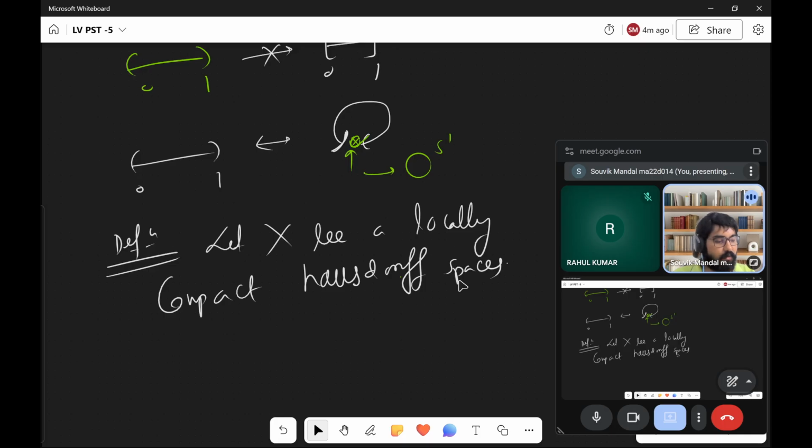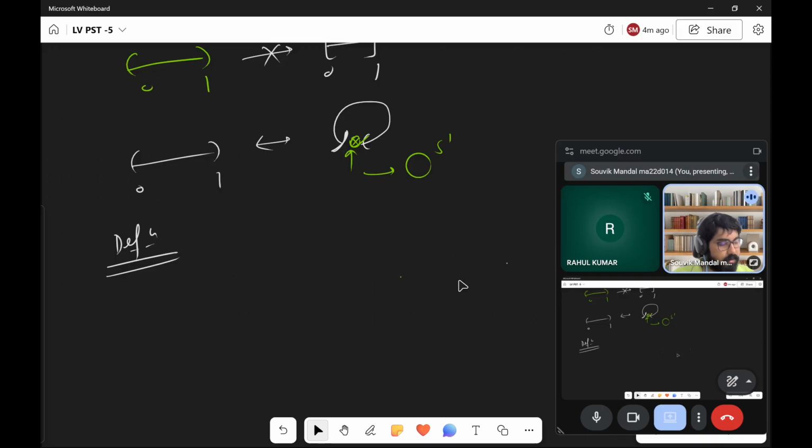Let X be a locally compact Hausdorff space. Sorry, before that there is a definition of locally compact that must be stated.